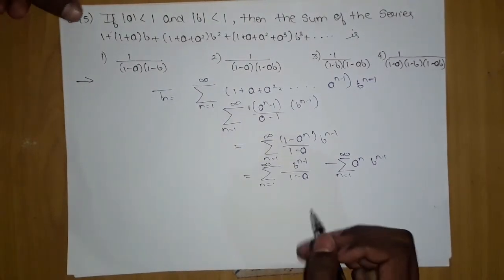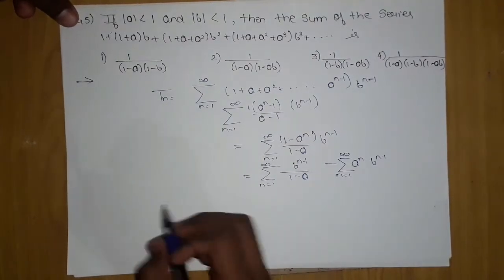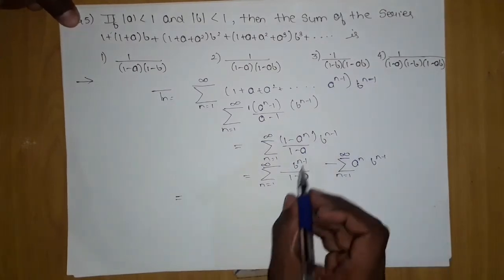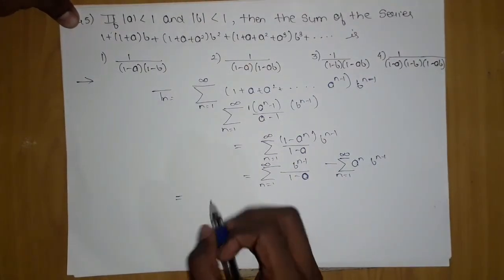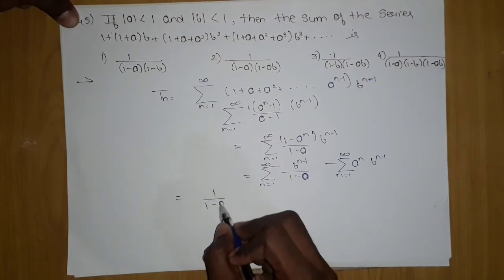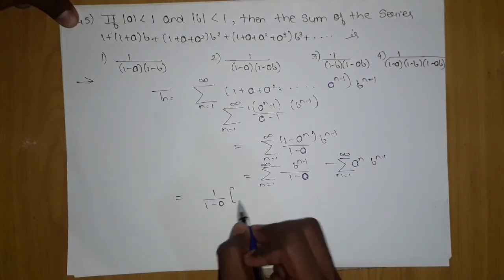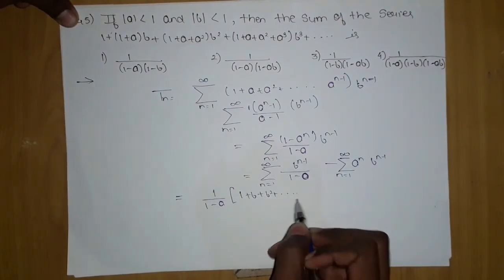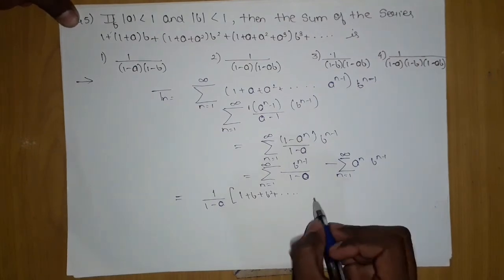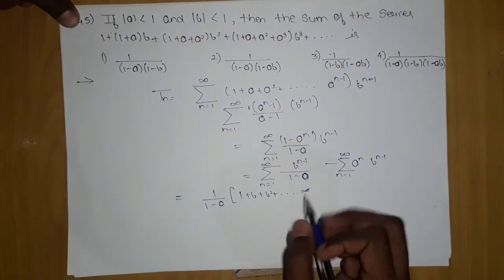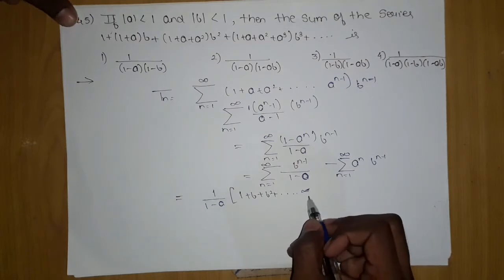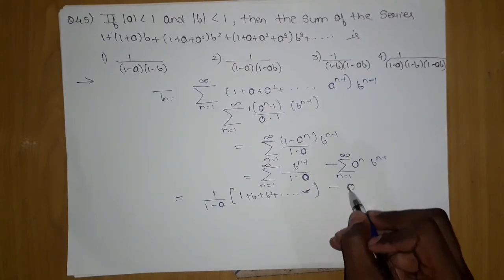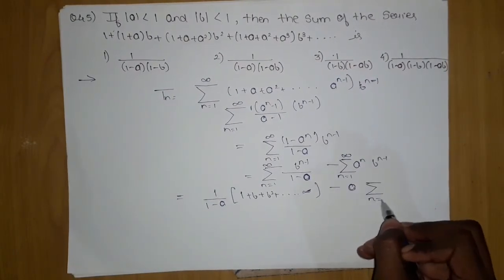Now let's solve this. 1 by 1 minus a will move out. That is very obvious because n is here. And this, when we open, is nothing but 1 plus b plus b square and so on. It will go till infinity. Minus, here we will take a common, which gives n equals 1 to infinity.